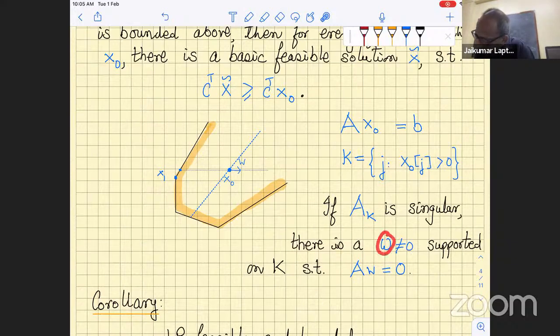So there is a vector W so that this matrix A times this W is zero. This W has non-zero values only in the columns corresponding to K. Now I would like to go back to the picture and imagine what this W is. So this is our W.